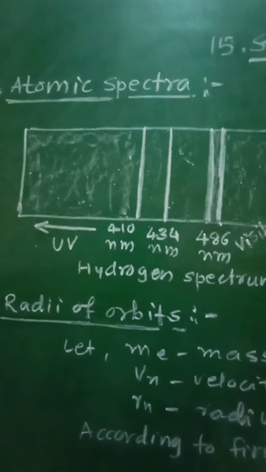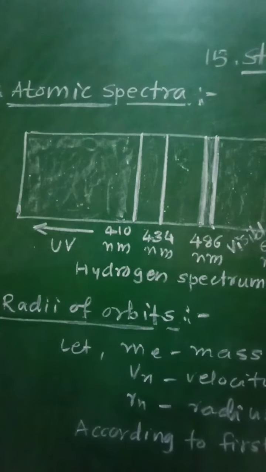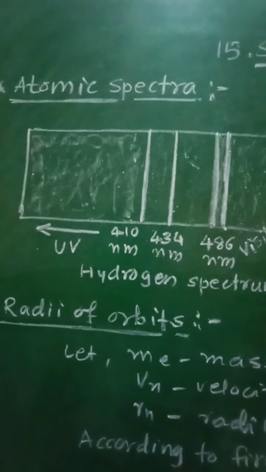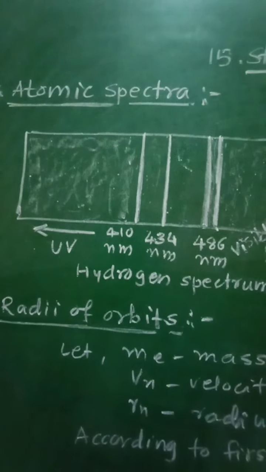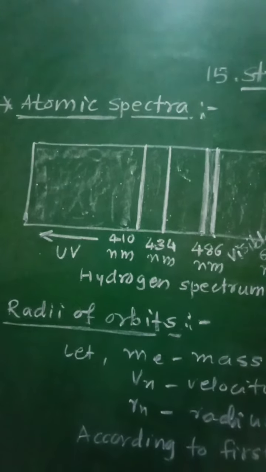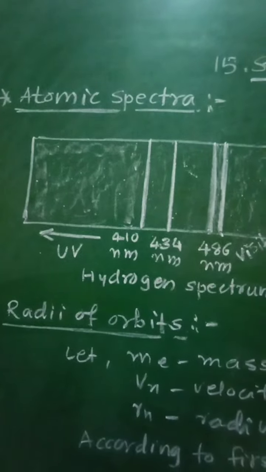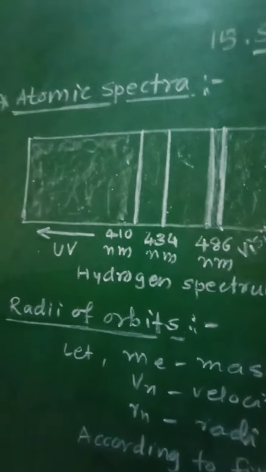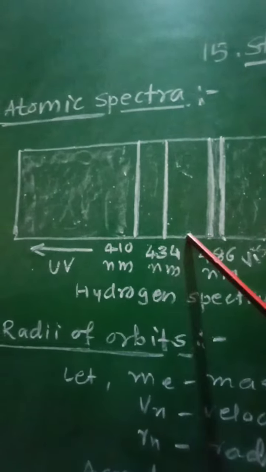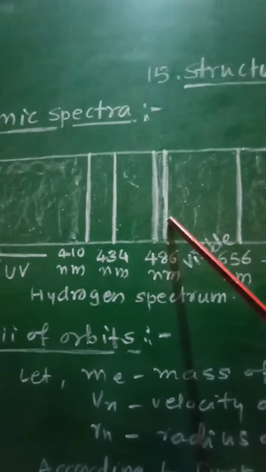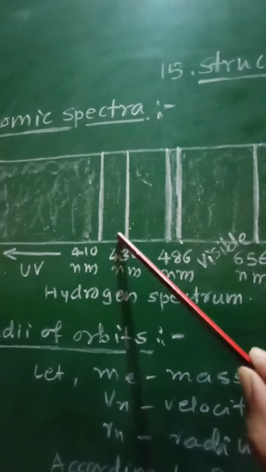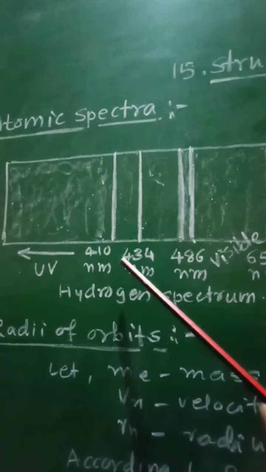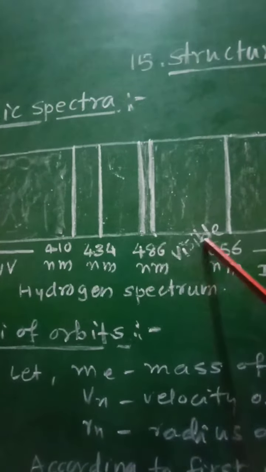That is, lines will be observed for different wavelengths, and therefore these lines in the spectrum are called emission lines. These are the emission lines having particular wavelengths for the visible region.